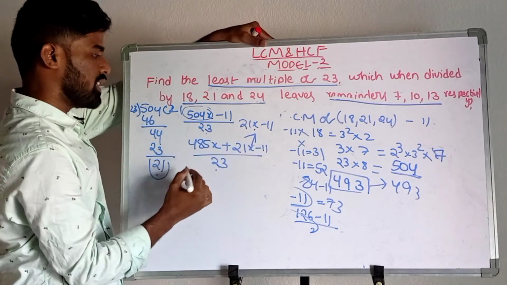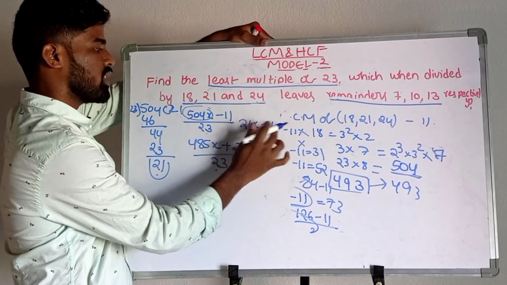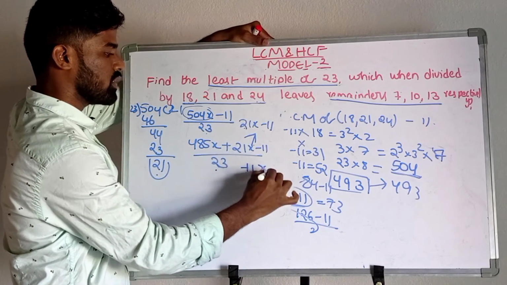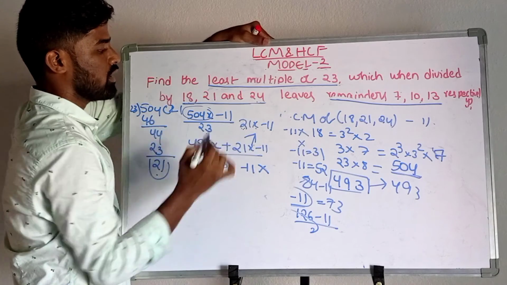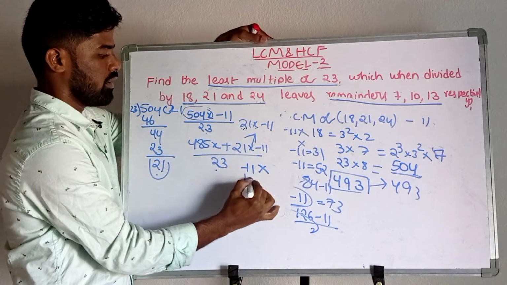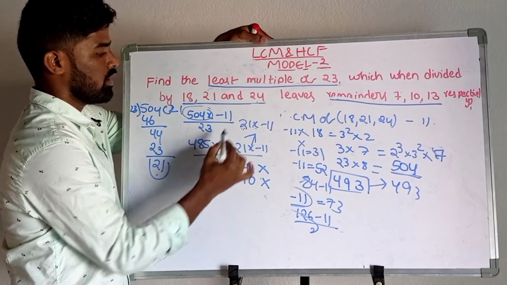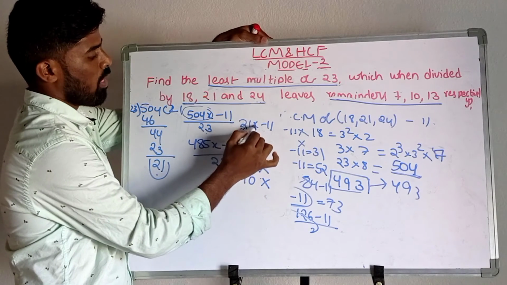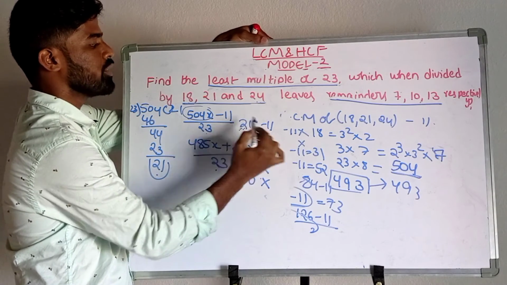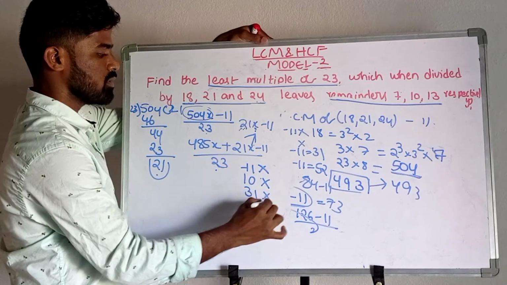First we keep x as 0: 21 into 0 minus 11 is not divisible by 23. Then x as 1: 21 minus 11, 10, not divisible by 23. Next x as 2: 21 into 2 is 42, 42 minus 11 is 31, not divisible.